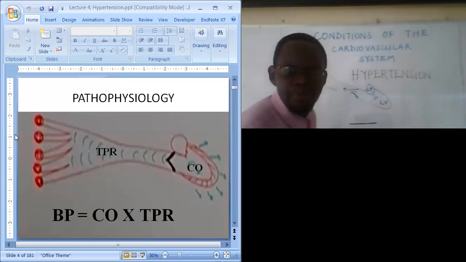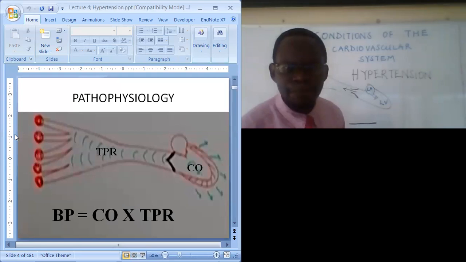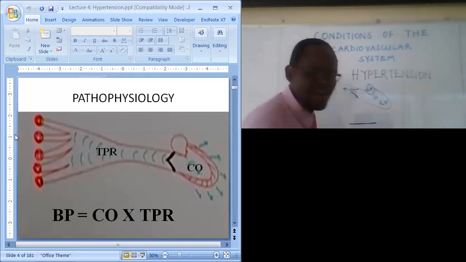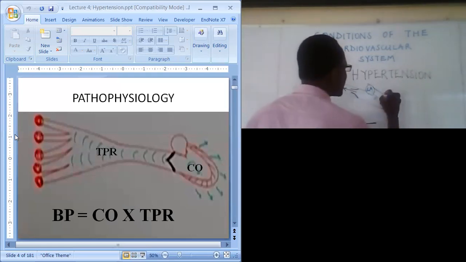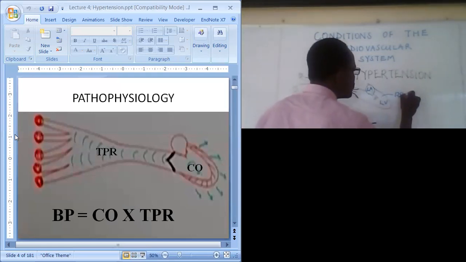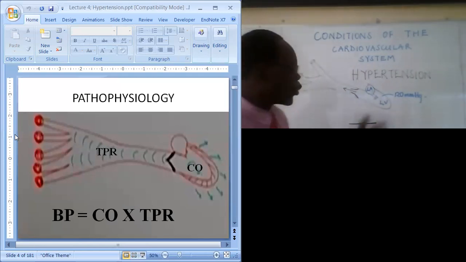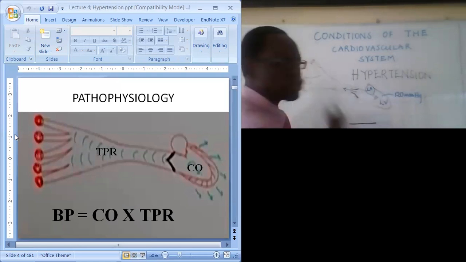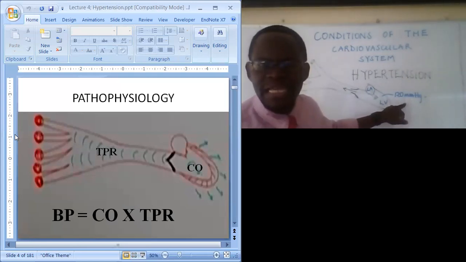Usually the mean is 120 millimeters of mercury. That is the pressure with which the left ventricle contracts to push blood.